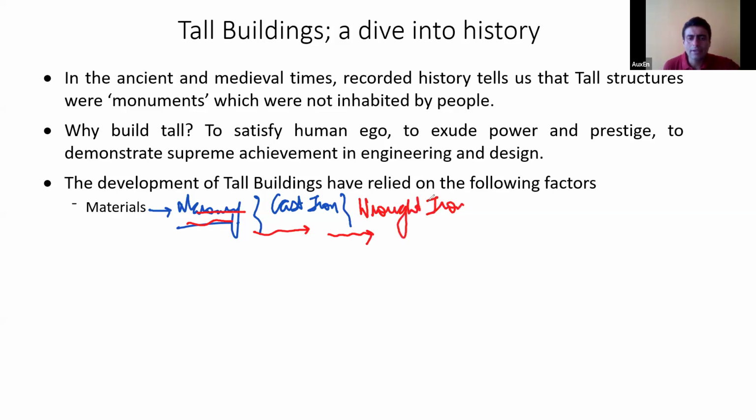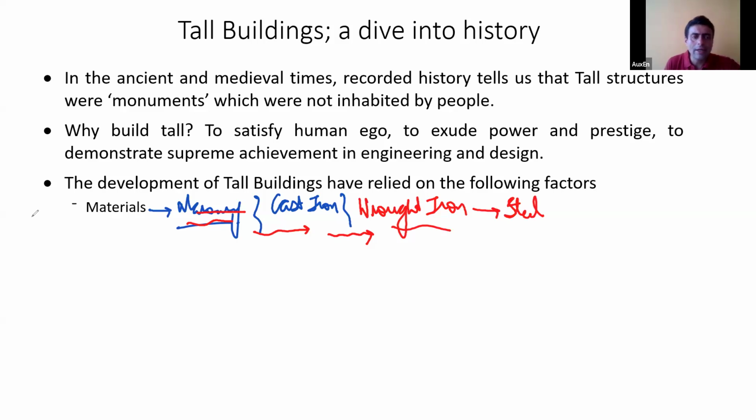With wrought iron, the metallurgical composition was slightly changed, which meant it had more strength, and not only compressive strength, it also had tensile strength because of the changes in metallurgical composition. So suddenly you had a material with very high strength in compression and also in tension. And of course, wrought iron then gave way to steel, structural steel.